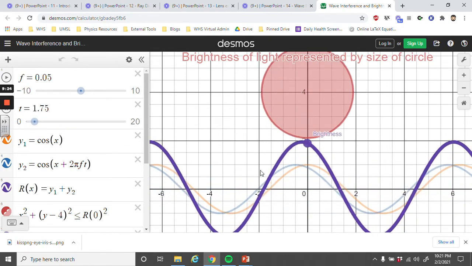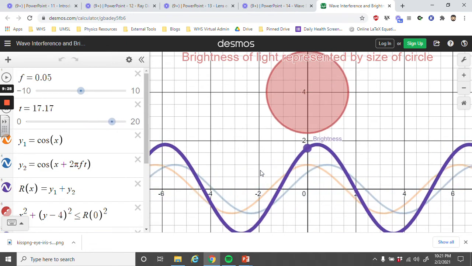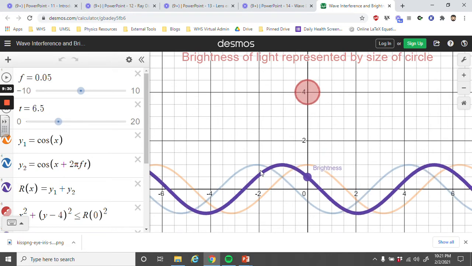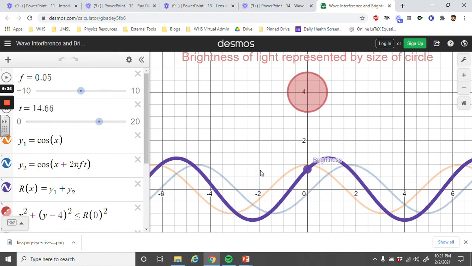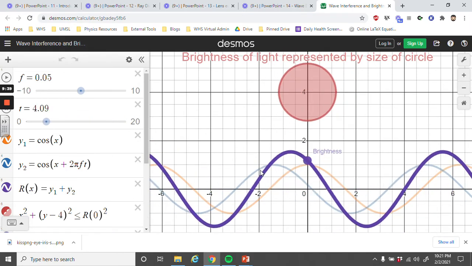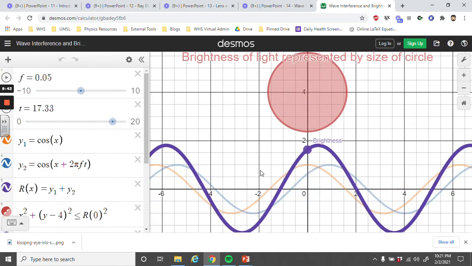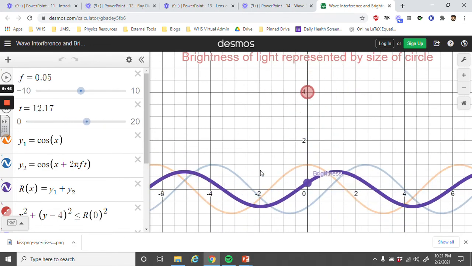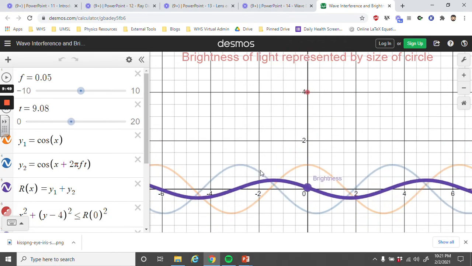And then the purple is their sum. It's what happens when you add the 2. And then we are looking at how bright the light would be at the origin. And so we can see that brightness is varying between 0 and 2. We're going between 0 intensity and twice the intensity of either of the individual waves in that background. And then how bright the light you see is represented by the size of that red circle.